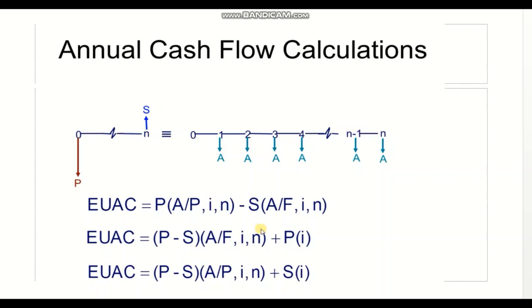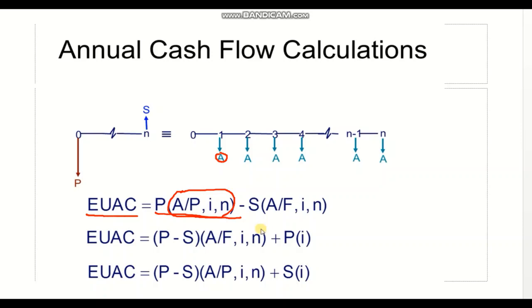Okay, in summary, how we are gonna calculate the annual cash flow: the equivalent uniform annual cost calculation, or whatever you call it, is equal to the present value multiplied by the coefficient, using the mathematical formula from present to annual series cash flow, A over P, and then minus the future value multiplied by A over F, i, n, which is the coefficient we multiply.